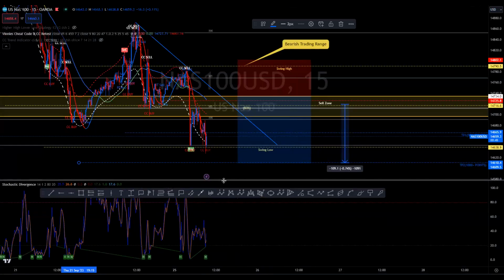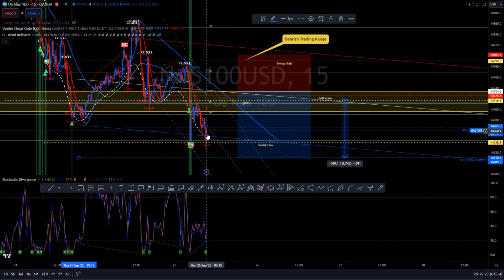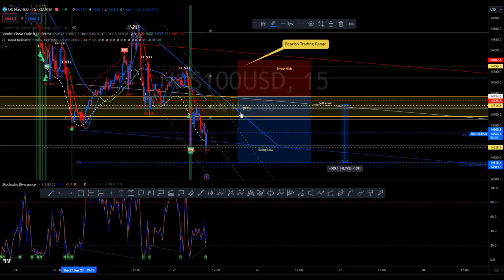So it's 9:29, and it looks like price is still overall bearish. So at this point, to experiment with this new indicator, I'm going to wait for price to hit this structure and then start to sell down.